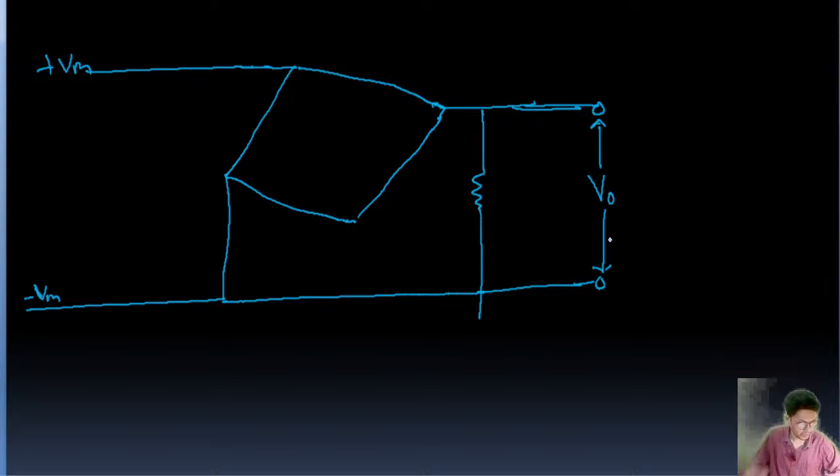This is V0. These are the connections, this one is S minus, and this is R. We will take it like this.